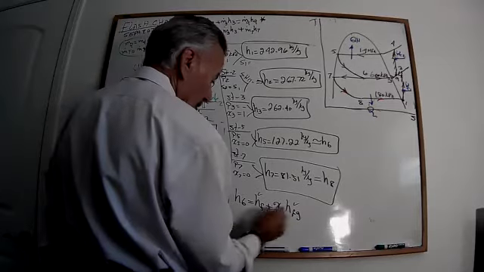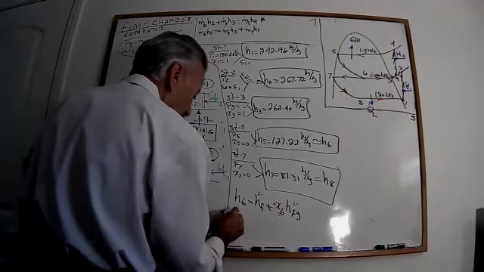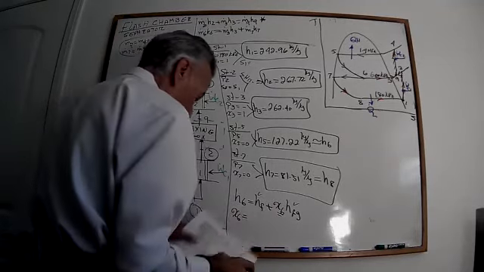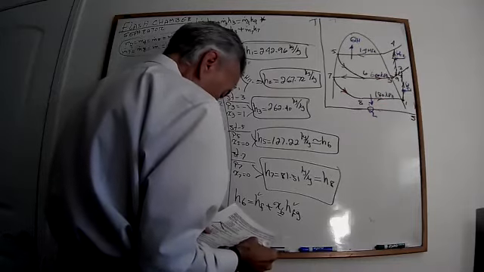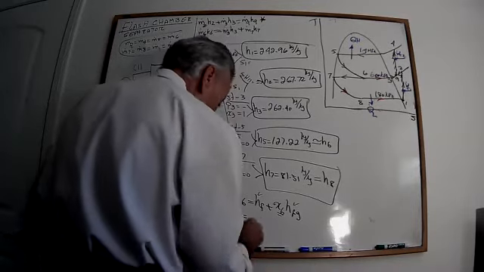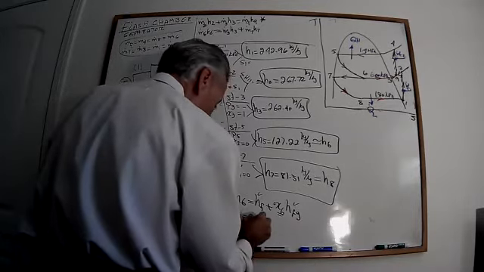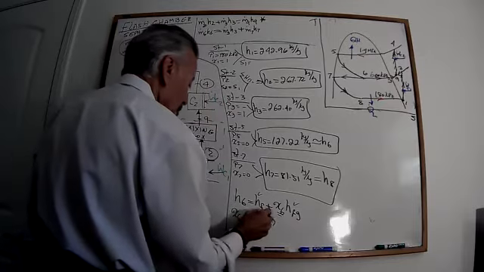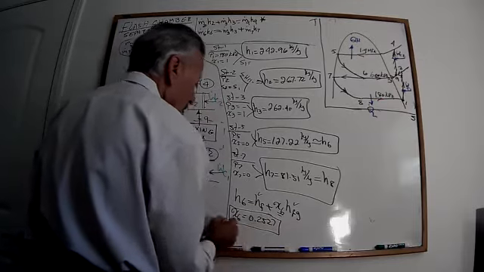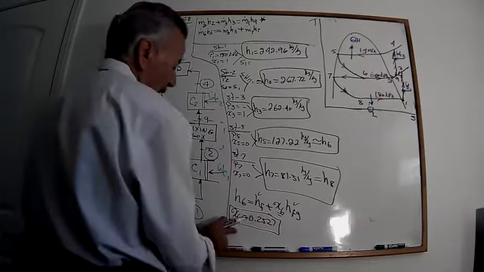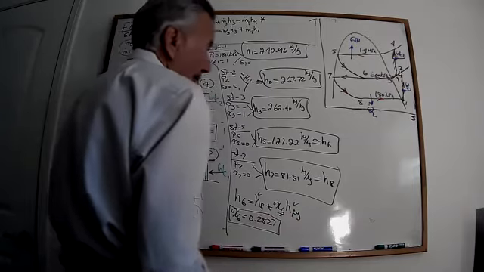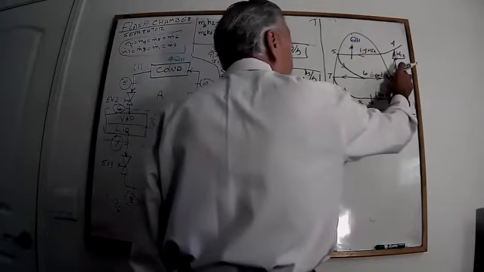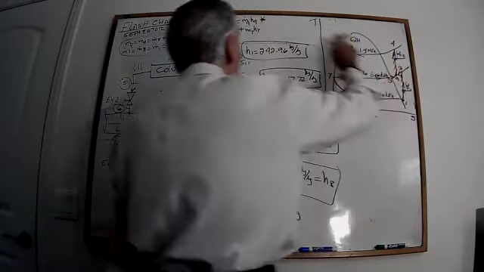What's unknown? Right here. If I plug in everything, I find the value of X6 to be 0.2527 or 25.27%. So now that I have the value of that, I can go back and figure this one out through this equation.